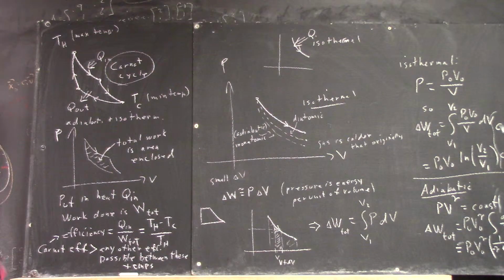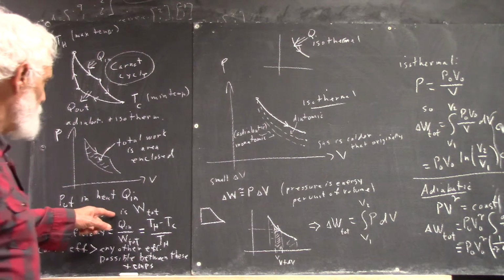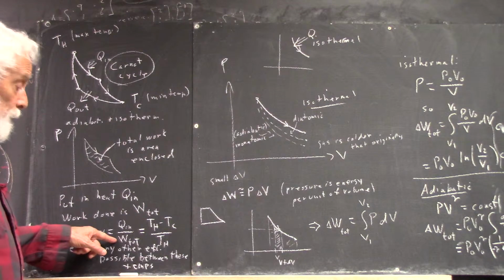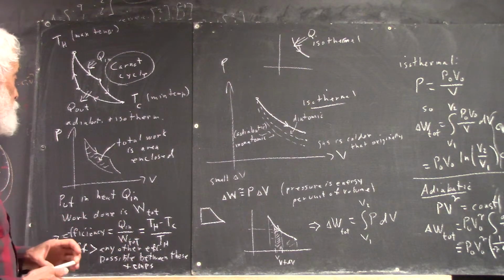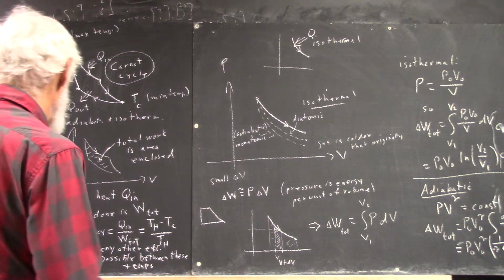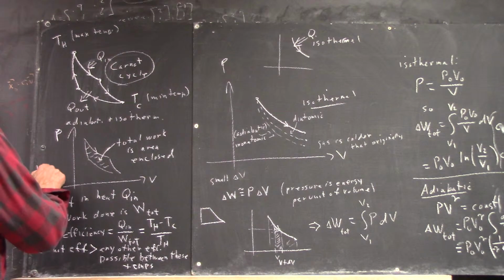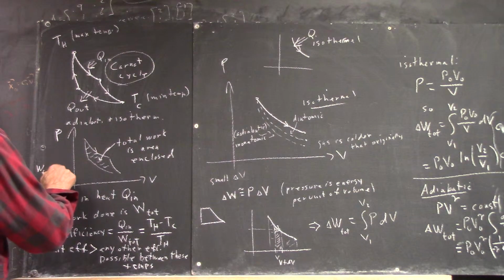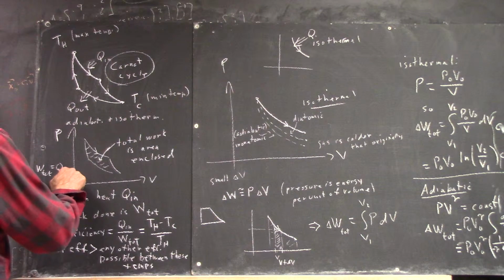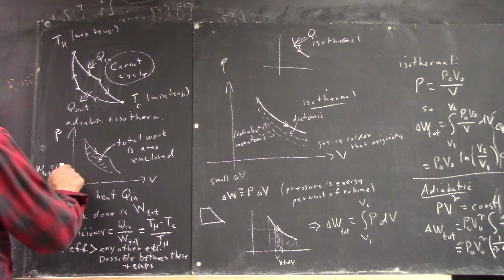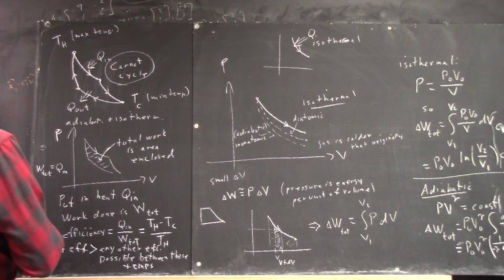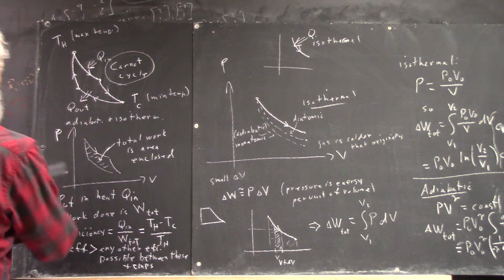You should know that efficiency is the amount of heat you got in divided by the total work. And you should also know the energy conservation. I'm going to write it this way.